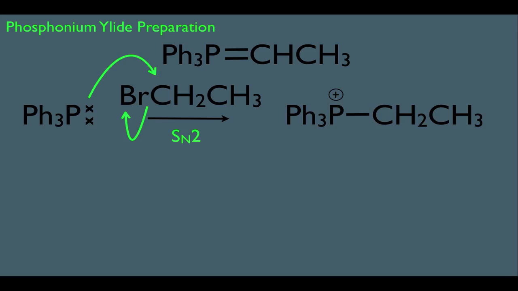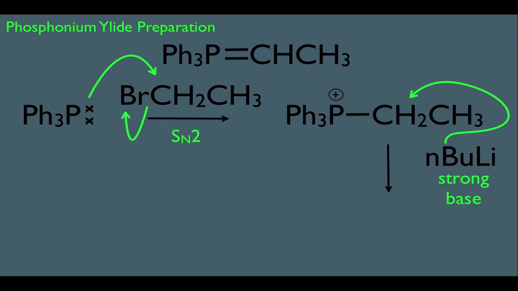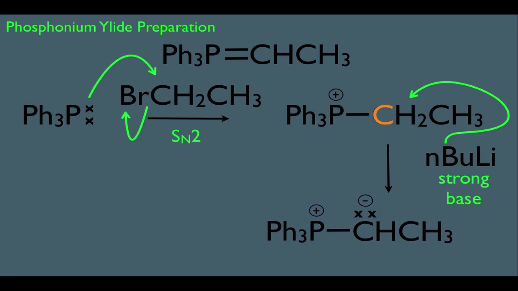We need to do one more reaction to officially make the phosphoylid, and that is adding n-butyllithium. All we need to know about this molecule is that it's a very strong base. And what this strong base does is rip off the hydrogen connected to the phosphoylid carbon. If this happens, we're going to get this as a conjugate base. And notice right here is your phosphoylide.